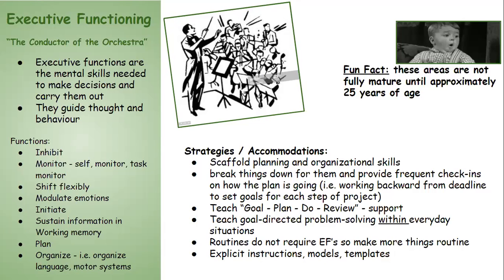We know that routines help make things better for kids that have executive functioning. So really trying to build the skill, and then those areas that you're not able to work on, because you certainly can't work on them all at one time, then you provide accommodations and sort of bypass strategies for those areas.